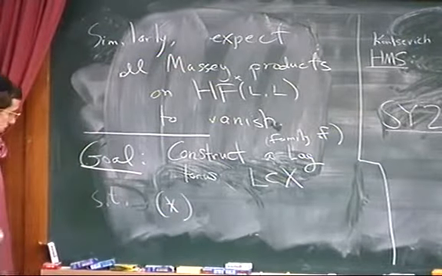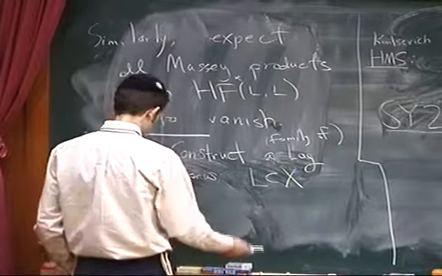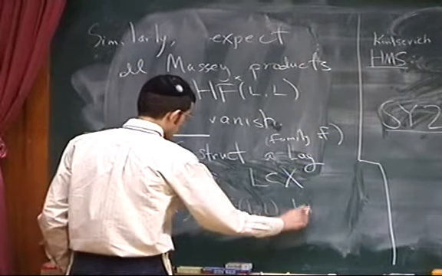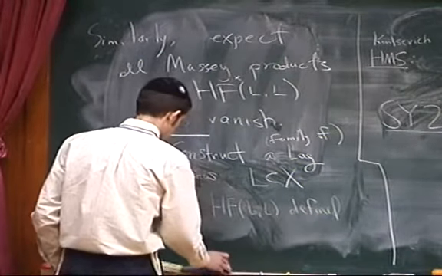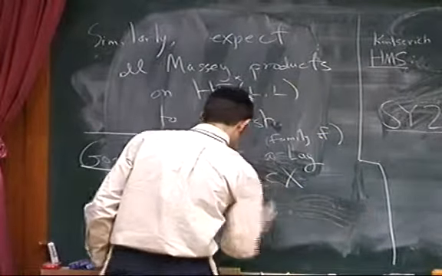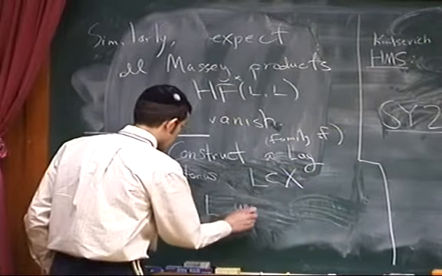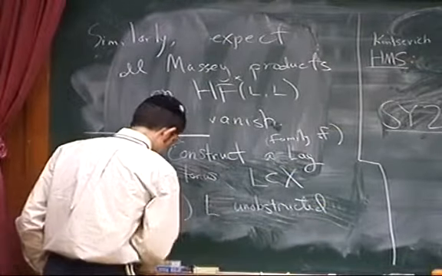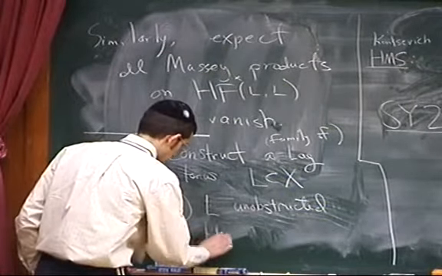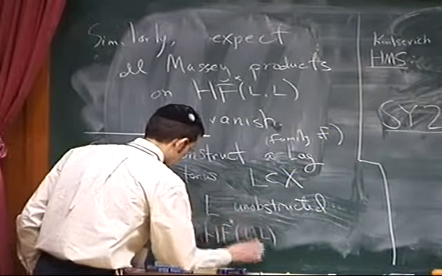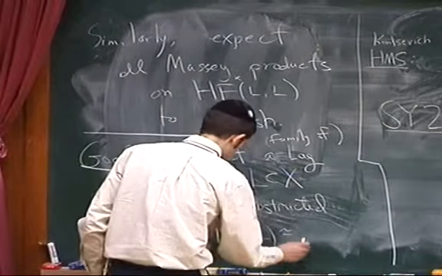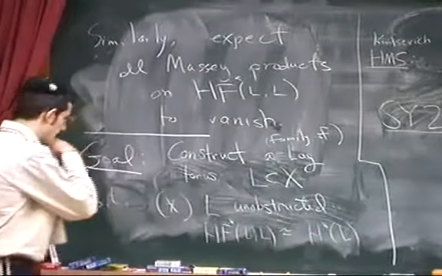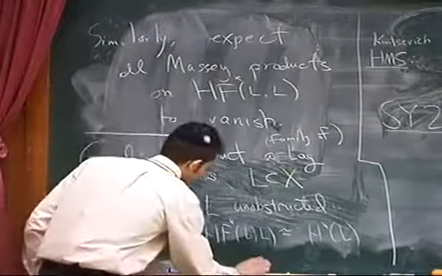I'm going to just refer to this as condition star. First of all, the Floer homology is defined, and L is unobstructed, and HF(L,L) is actually, as a ring, equal to H(L), and the Massey products vanish.